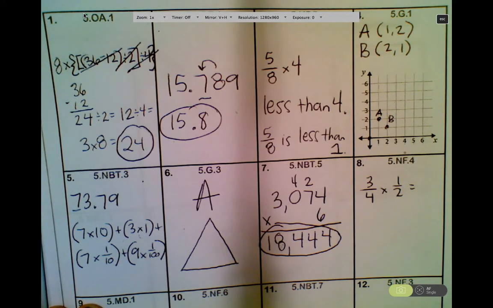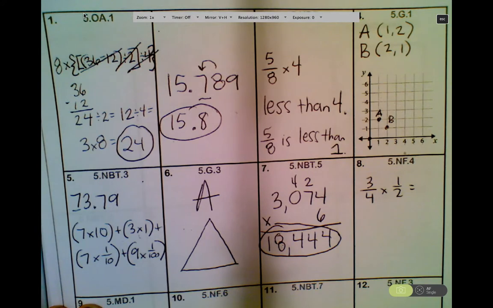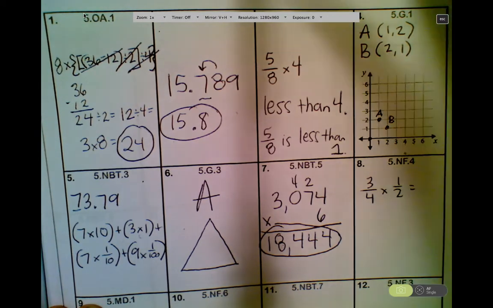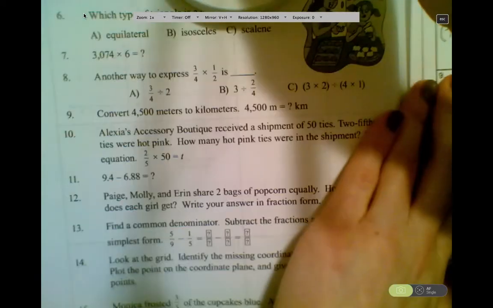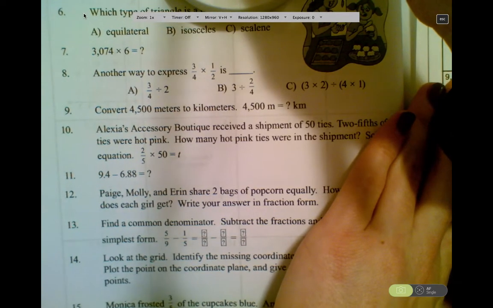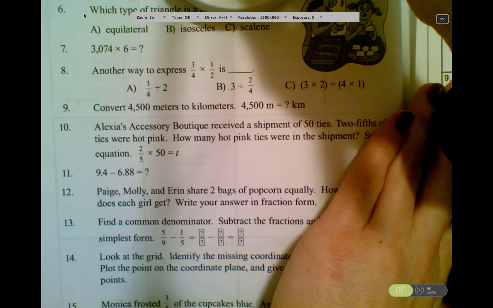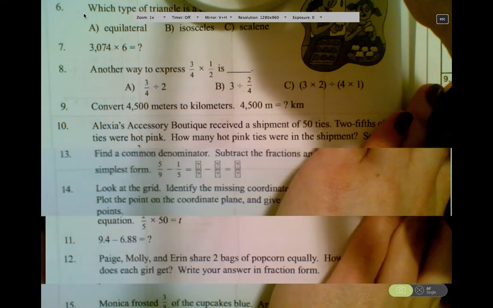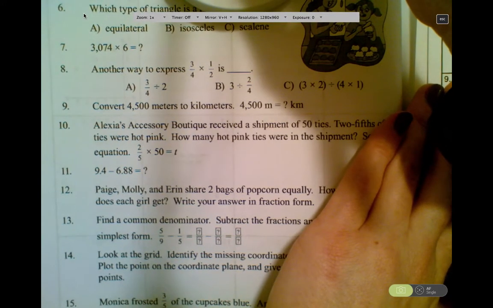Number 8. We have to find another way to express 3/4 times 1/2. So let's look at our options. A, 3/4 divided by 2, B, 3 divided by 2/4, or C, 3 times 2 divided by 4 times 1.